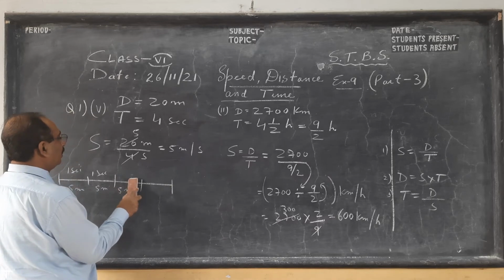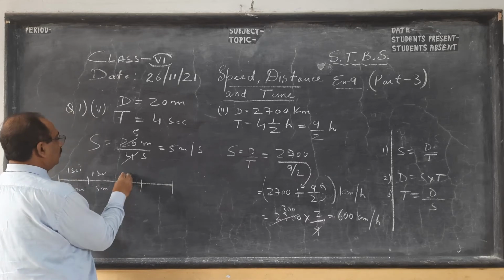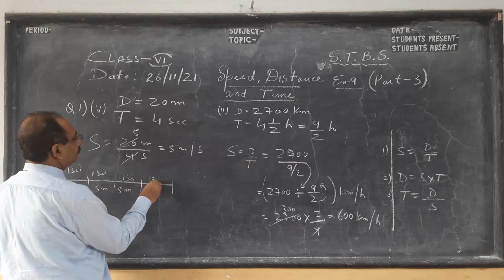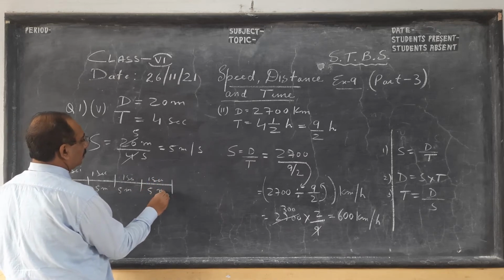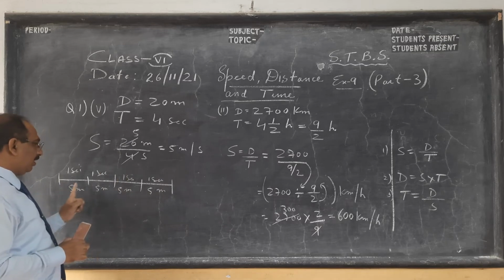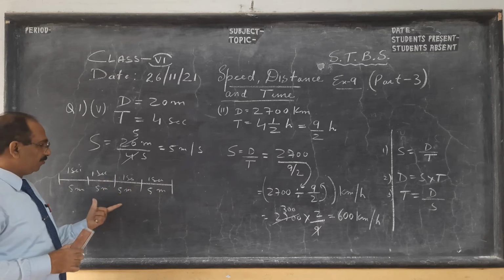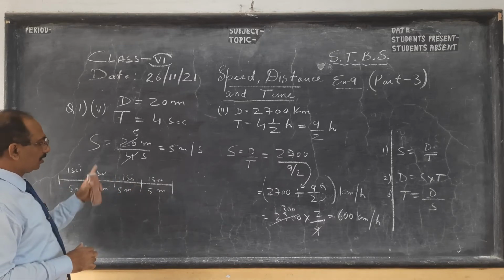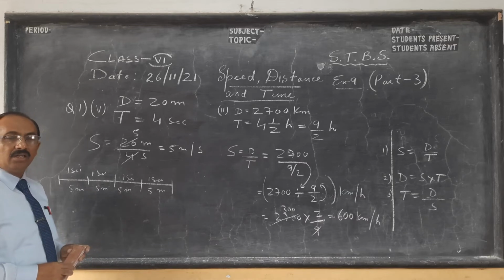So if you verify your answer, each second I am going 5 meter. So in 4 seconds, 5 4s are 20 meter I go. So here we verify the answer also.